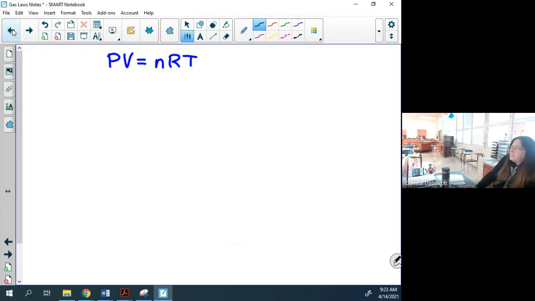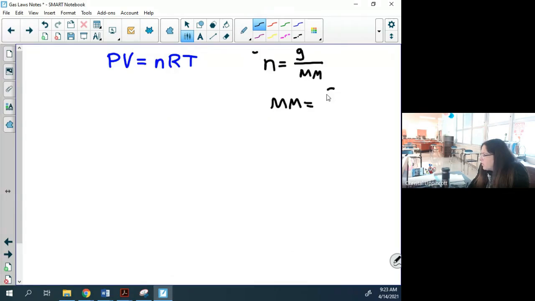All right, we can take this formula and rearrange it because we know that moles, or N, equals our grams over molar mass. Or you could have molar mass equals grams per mole. You're probably more comfortable thinking of it in those terms, right? Remember N is moles, so grams per mole equals molar mass. But we could rearrange that and get N equals grams over molar mass.